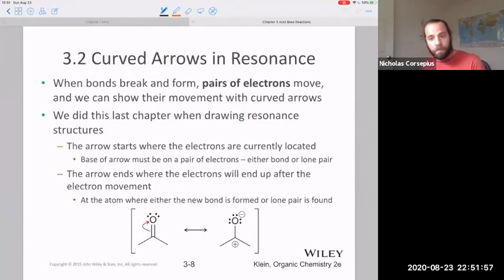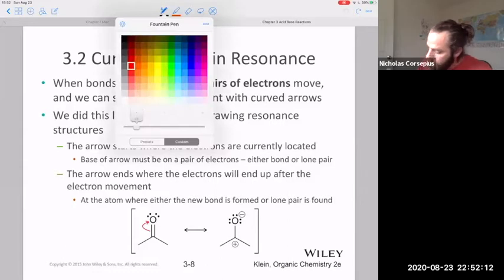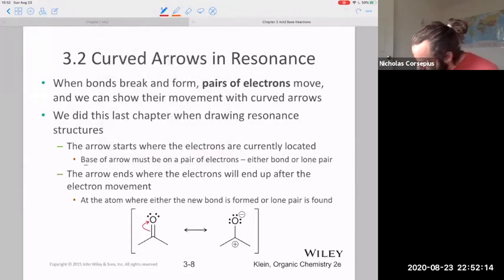So let's just remember from resonance what these electron pushing arrows are. By the electron pushing, I'm talking about these curved arrows down here. And remember, we had rules for drawing our curved arrows. The base of the arrow is going to be at a pair of electrons that are going to be pushed, right?